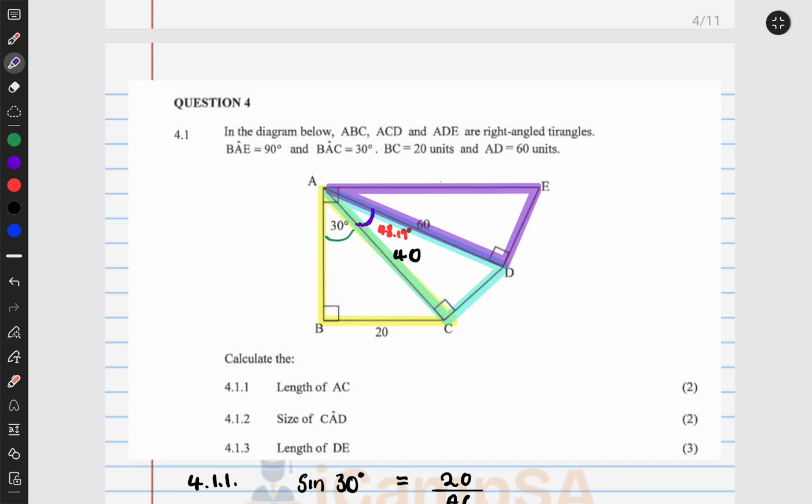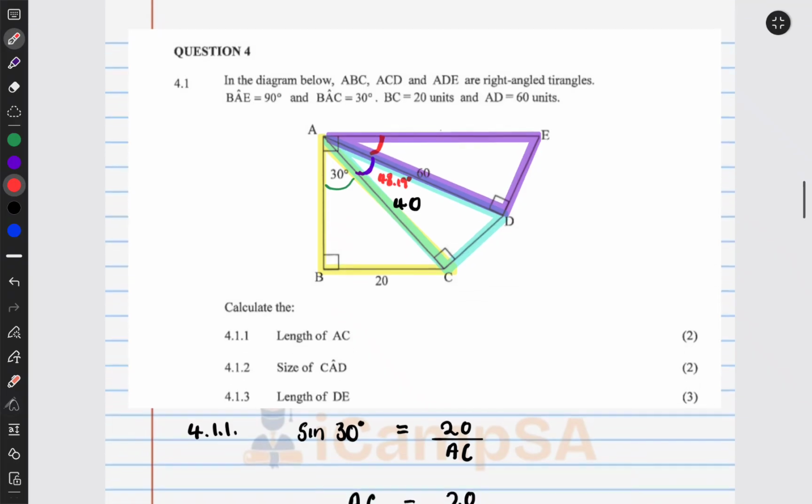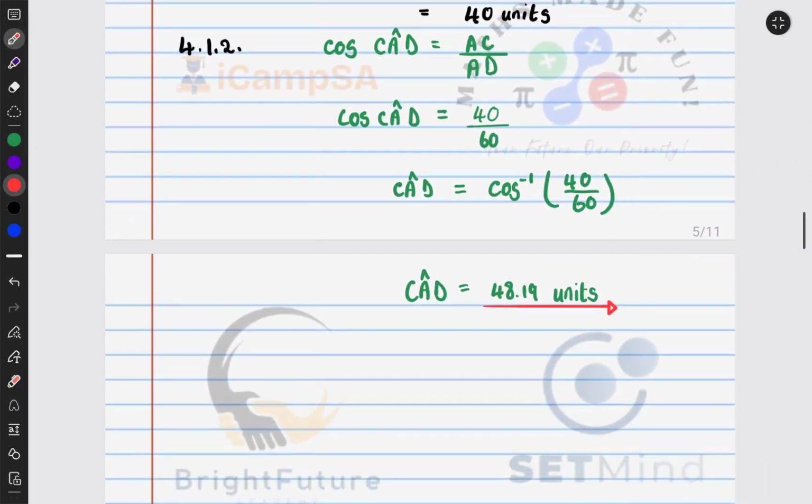But I want you to pay careful attention here, because we have been told that all of these angles at A combined are equal to 90 degrees, and we already have two angles, which leaves us with this third angle here. In order to find it, we have to say 90 minus 30 plus 48.19 degrees. That will give us the angle DAE.